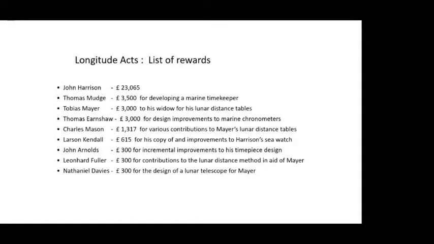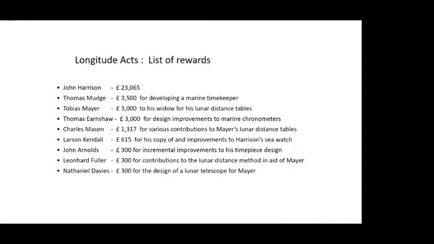Thomas Earnshaw, for design improvements to the marine chronometers after Harrison, was given 3,000 pounds. Charles Mason, 1,300 pounds for various contributions to Meyer's lunar distance tables.